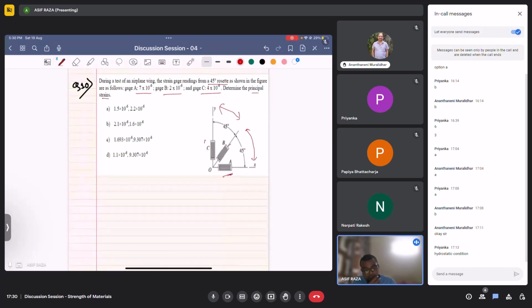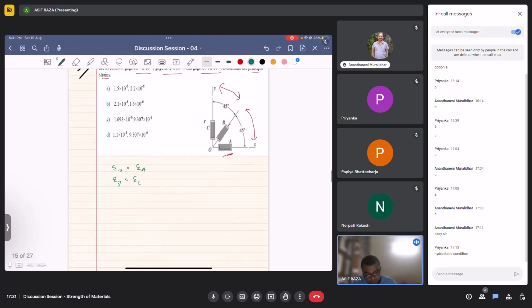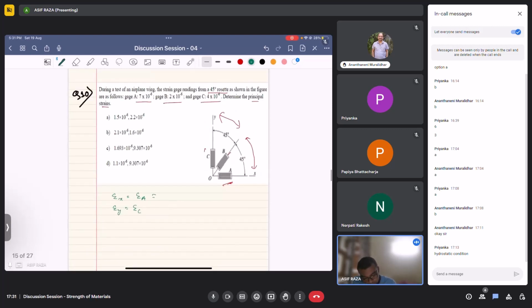Without wasting time, I'll just tell you all. Epsilon x would be equal to epsilon A, and epsilon y would be equal to epsilon C, that is 7 into 10 to the minus 6 and 4 into 10 to the minus 6.